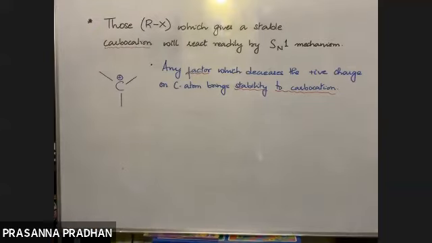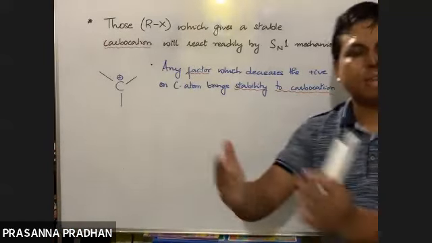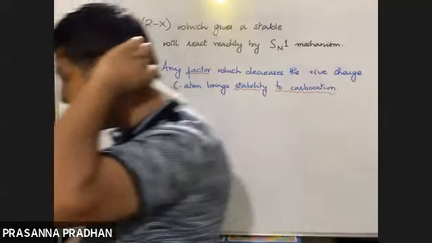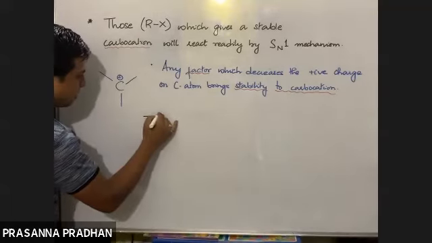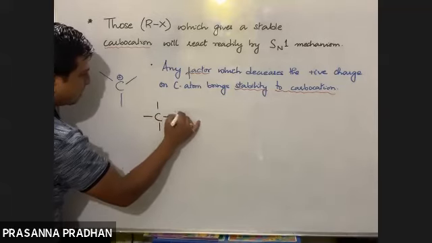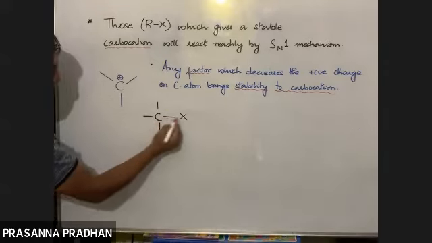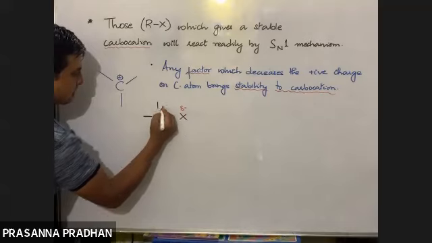Now remember, there are so many things which need to be connected. In class 11, we studied them individually, the electron displacements in organic compounds. There we studied 2 types of groups. Suppose we have a carbon atom bonded to an atom X. If this atom is more electronegative than carbon, it will pull the electron towards itself, thereby acquiring a negative charge, and carbon will acquire a positive charge.